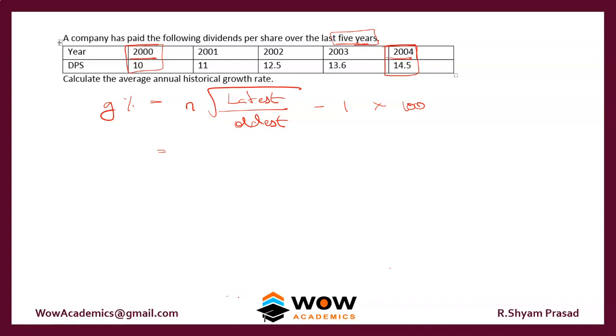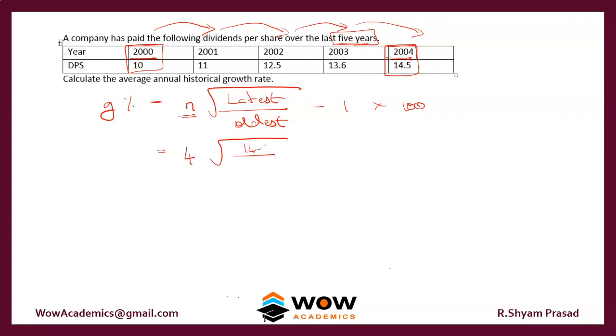Cumulatively, 2000 to 2001 is the first year, 1 to 2 is the second year, 2 to 3 is the third year, 3 to 4 is the fourth year. So there are actually only 4 years, not 5. If they mention the year numbers, you have to work it out like this. That is the only difference. Apart from that, the formula is the same.